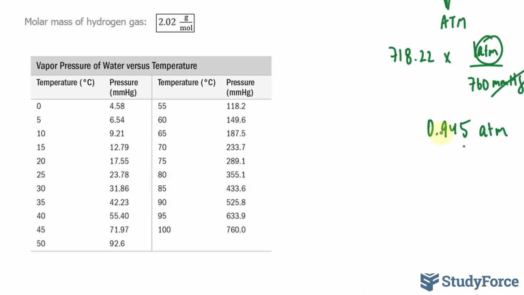I can finally substitute this value into the ideal gas law, which is PV is equal to nRT. We want to solve for n, so I'll divide both sides by RT. This cancels these ones out.